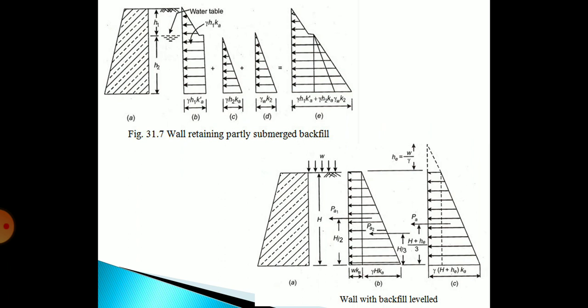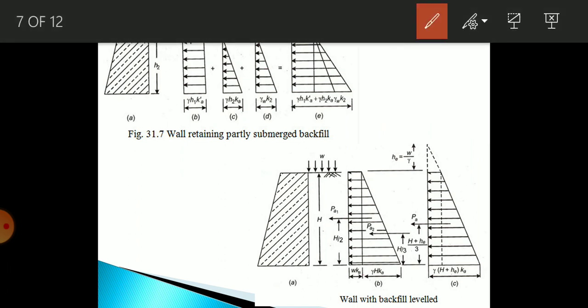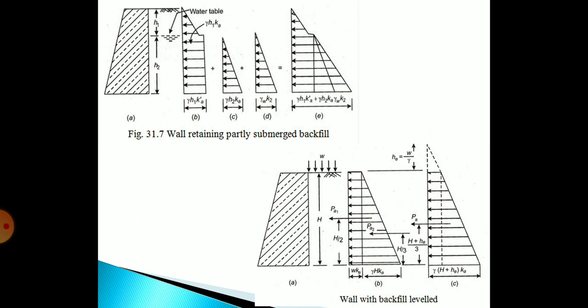Then the second is the diagram which denotes the pressure distribution due to wet soil. That means it is for backfill up to height H2, and the base of that diagram will be equal to Ka gamma H2.